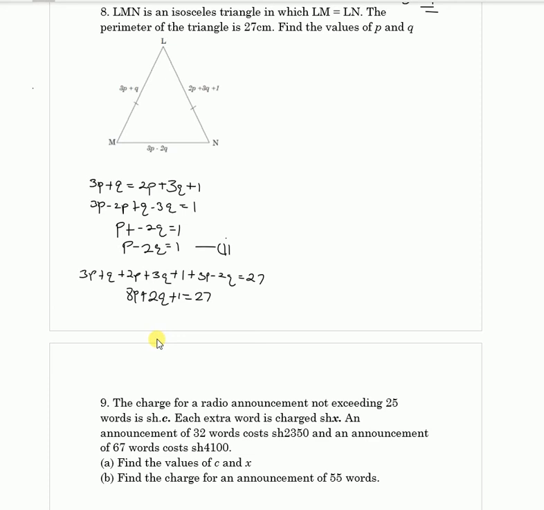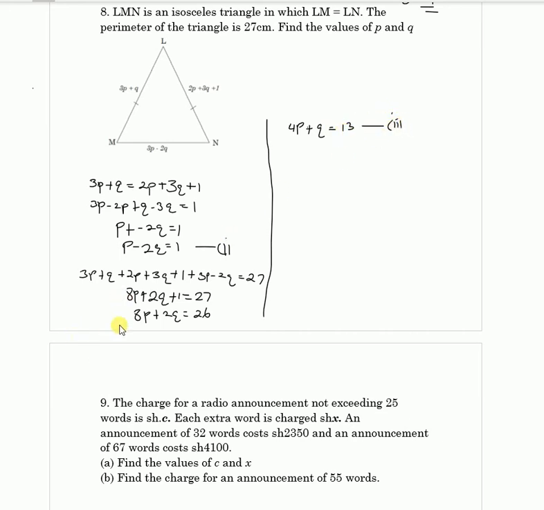We can move that 1 to the other side, and we have 8P plus 2Q is equal to 26. That equation can be reduced by 2 because you can see 2 is a factor everywhere. So equation 2 can be written as 4P plus Q equal to 13.